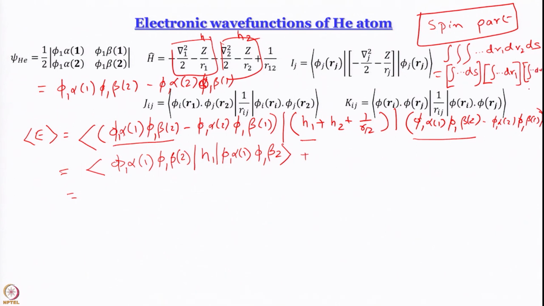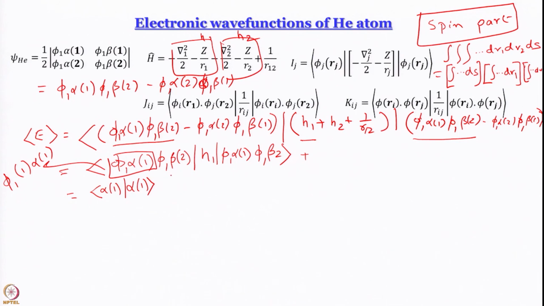It is just that we are using bracket notation, nothing else. So we can take the spin part out and write an integral for itself, that will be integral alpha 1 star alpha 1 over all space, that is gone, because remember what is this phi 1 alpha 1, it is really phi 1(1) alpha 1, that means electron number 1 has alpha spin and resides in spatial orbital phi 1. This has gone out.